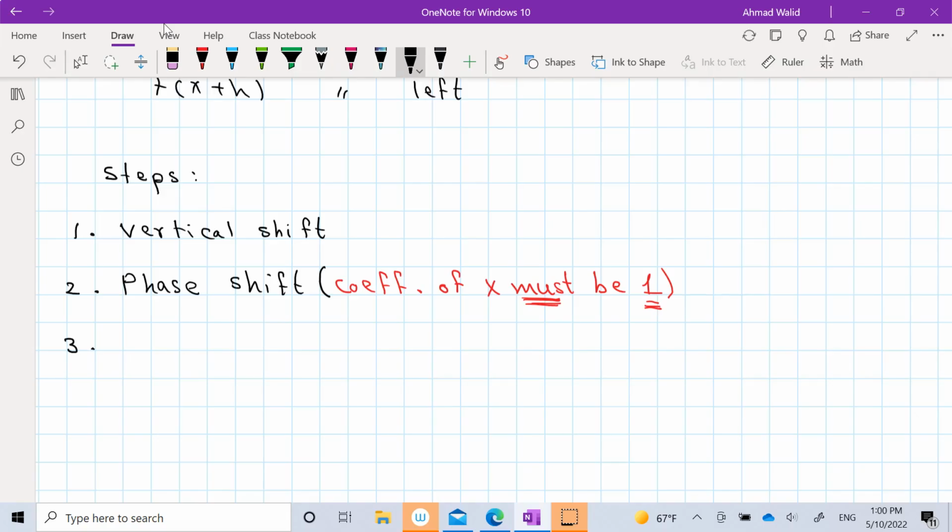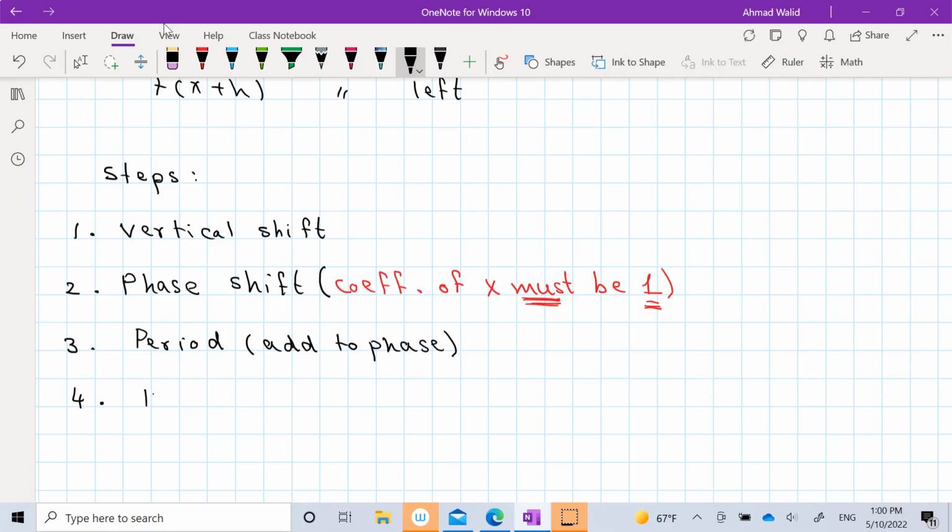Step 3. Period. You will find your period here, at the phase. Step number 4.